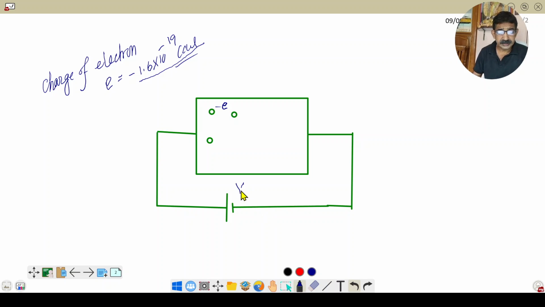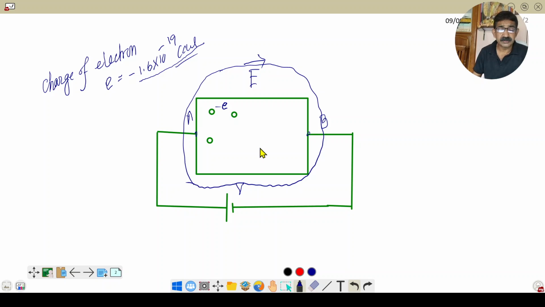It will establish a potential difference between 2 points A and B. The two terminals of the conductor are A and B, and when a potential difference is established between the two terminals of the conductor, it will create an electric field inside this region. The electric field will be created in the entire region, electric field E will be established.